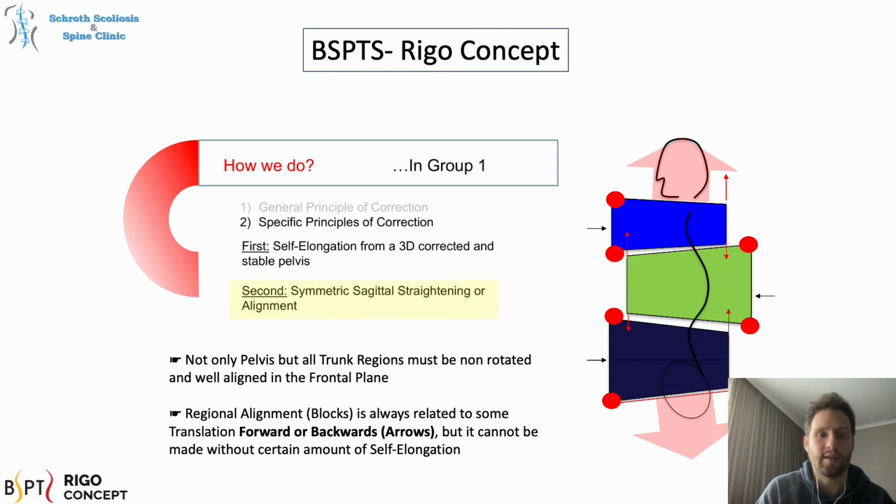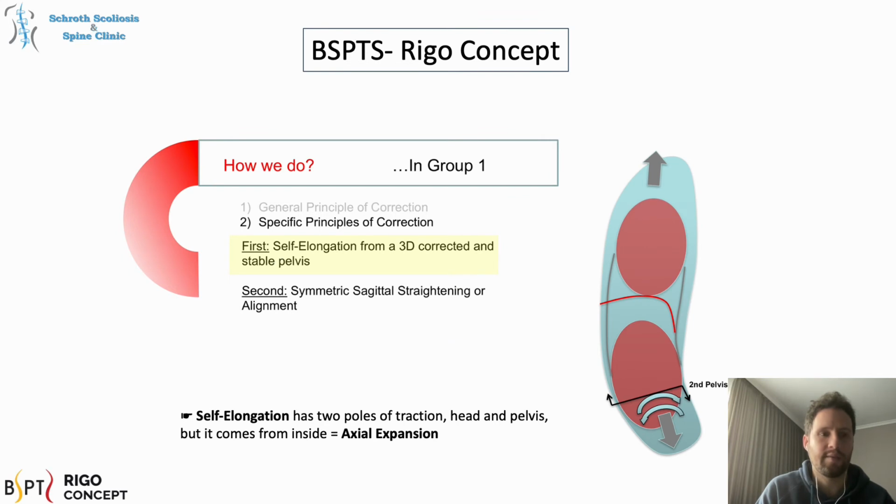And on the other hand, symmetric sagittal alignment, so moving the thoracic block forward, the shoulder block backward, and the lumbopelvic backward at the same time, gives self-elongation. So these two specific principles of correction, they work perfectly together. This slide is already described, and this is about the self-elongation to correct.